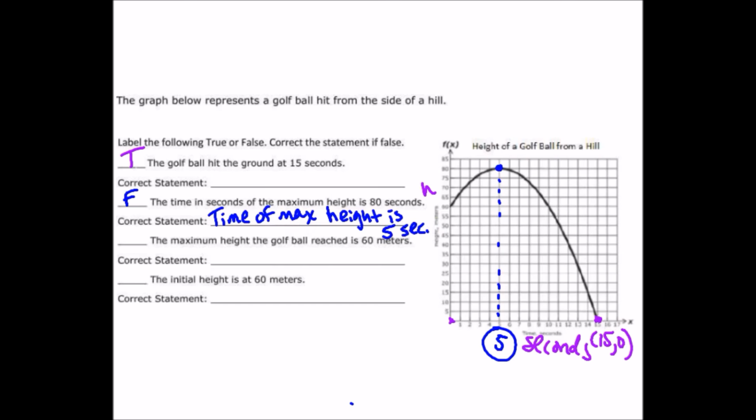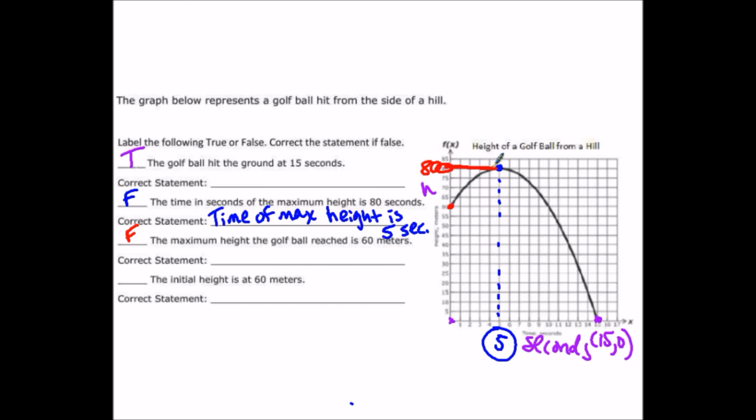Now it says here the maximum height of the golf ball reached is 60 meters. So was the maximum height 60 meters? Well, here's 60. Was that the highest the ball was at? No. So we know that's false. So what was the maximum height? Here's 60, 65, 70, 75, 80. So this number here is 80, and that's the highest it got, right?